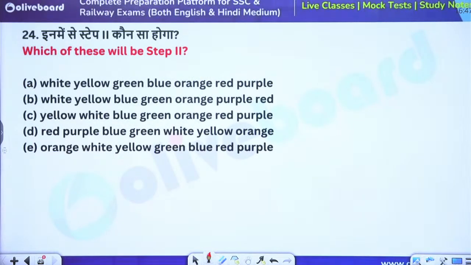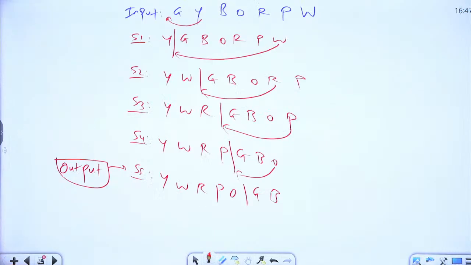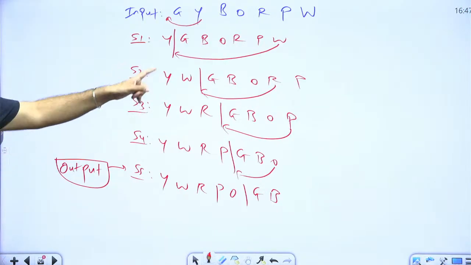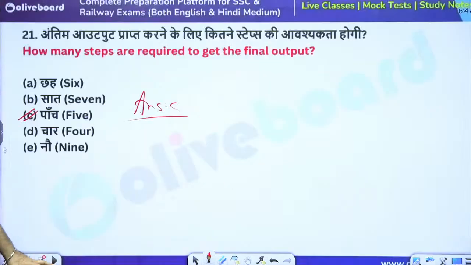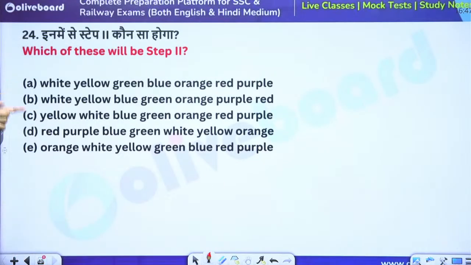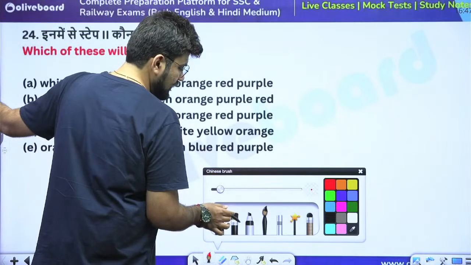Which of these will be step 2? Okay. Step 2, let's observe step 2. Step 2 is yellow. So YWGBORP. Again, this is incorrect here, but I'll just improve it. Some typo errors in the last question.